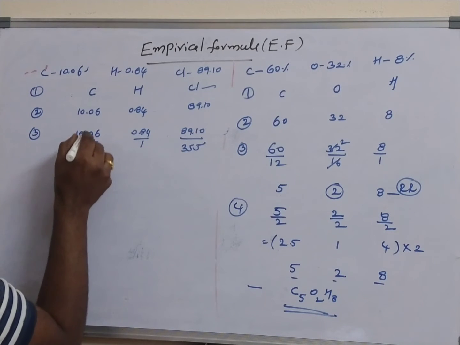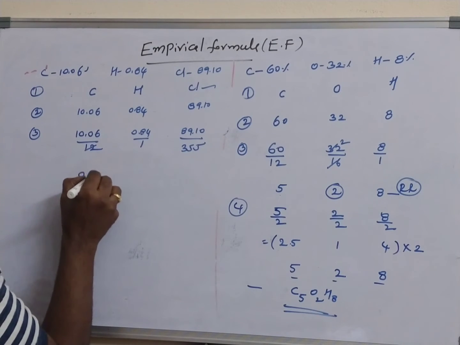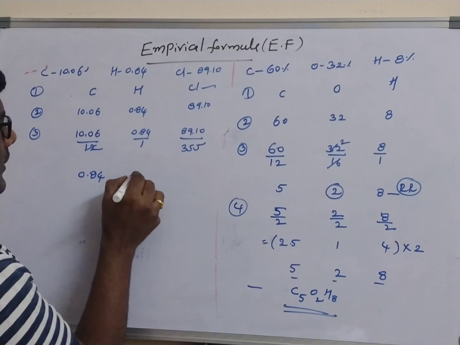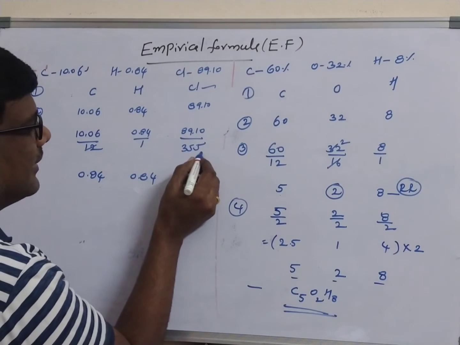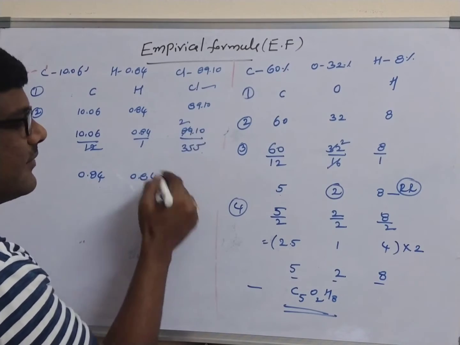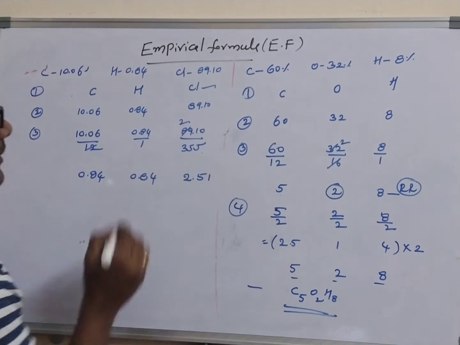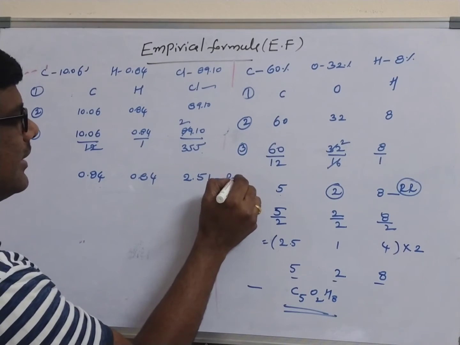Here 12 times 8 is 96, so you get 0.84. Here also 0.84. For chlorine you get 2.51. So this is called the relative ratio.